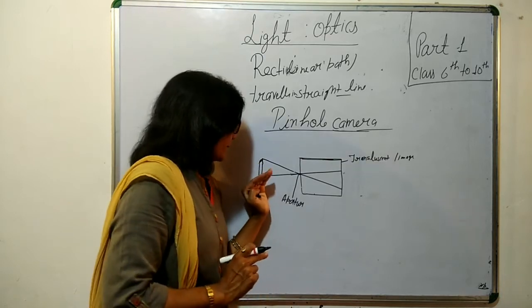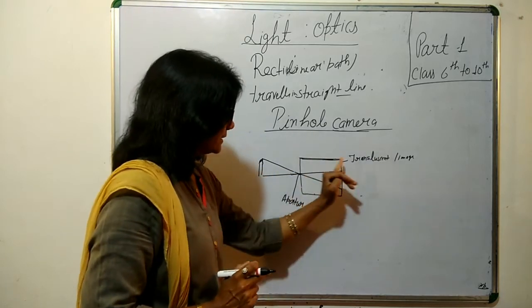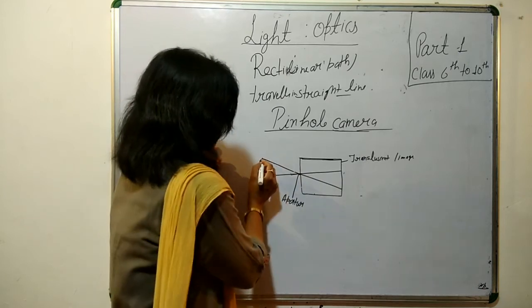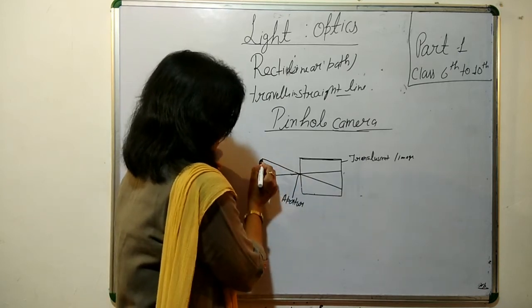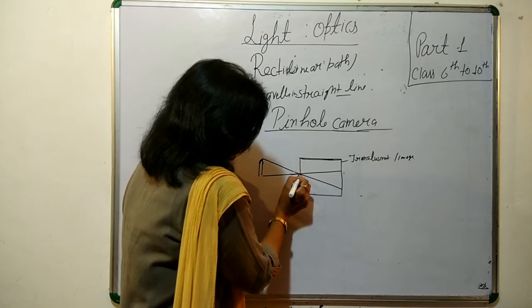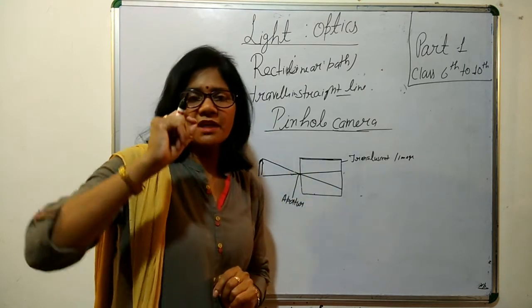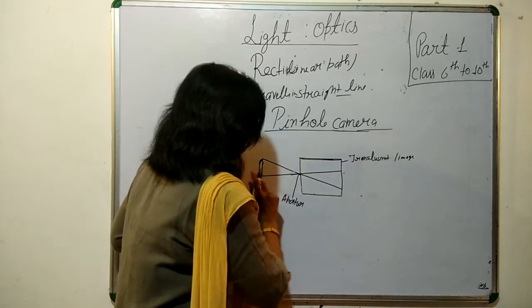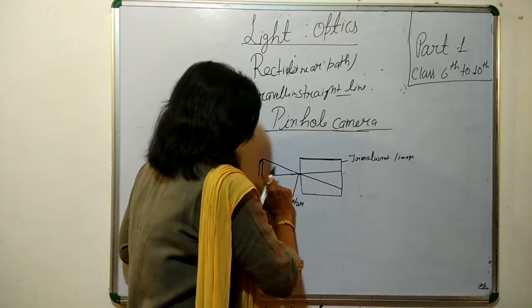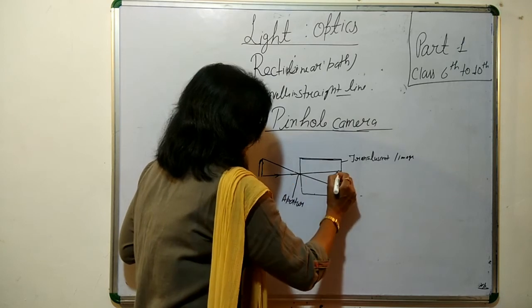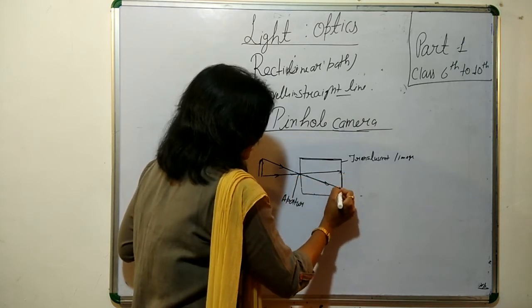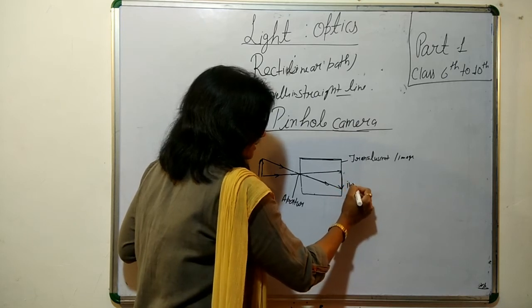When you put your object here, there is a dark room, and the whole light from this candle will come through this small aperture with a high intensity, and as it follows a straight line, you can see this goes like this, and finally we are getting this image which is inverted.